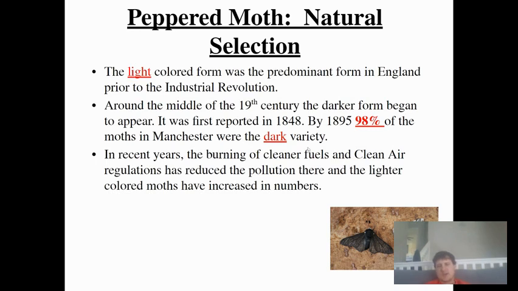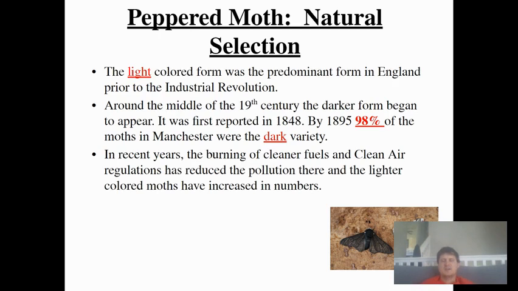We are going to look at natural selection within peppered moths. We chose peppered moths because this happened relatively quickly. In about 50 years, we were able to collect enough data to see how the coats of these moths changed. Some background information: the light-colored form was the predominant form in England prior to the Industrial Revolution.